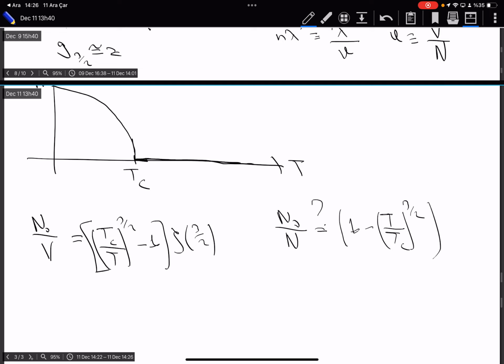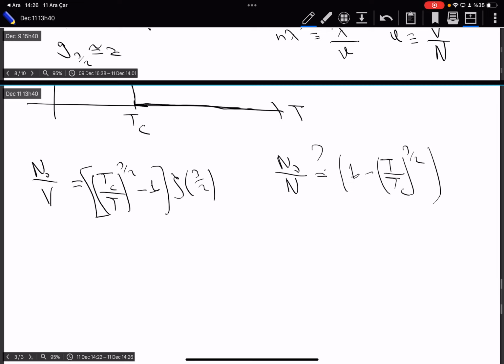And you see that in this expression, when T is equal to Tc, n0 is 0. Now, this is the number of particles in the condensate.